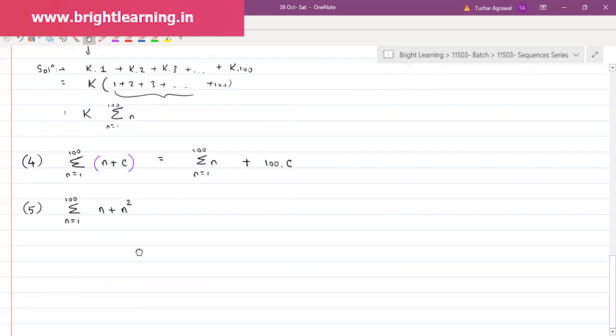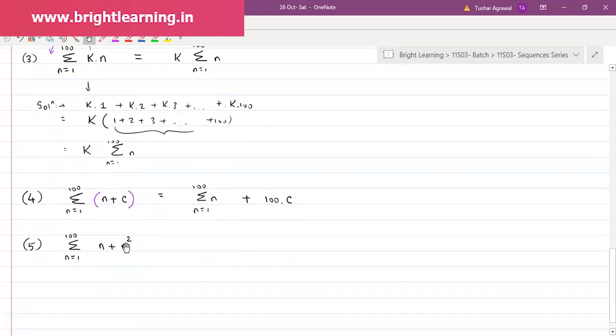Now suppose there is a separation of two terms, two individual terms added, with n equal to 1 to 100. Earlier in property 4, the second term which was separated was a constant. Now let's say both terms are dependent on n, both are varying with n. This is a summation of n plus n square.